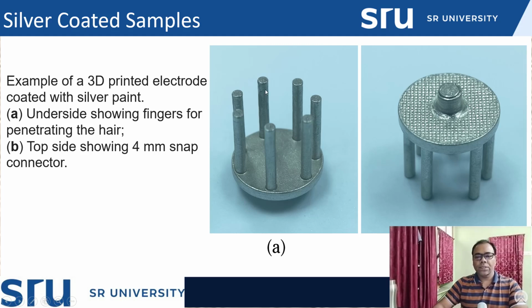So these are the different designs. In that, two silver coated samples are presented here. You can see that this is one profile, and another is the reverse side of the same electrode. Here the underside shows the fingers of the electrode, so this finger portion will be going inside the wound.